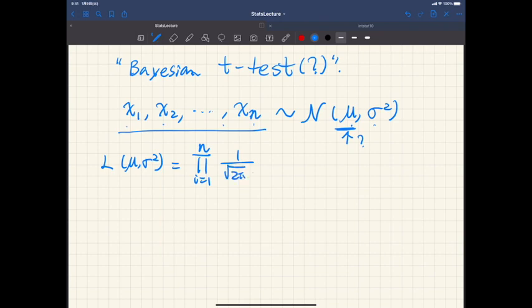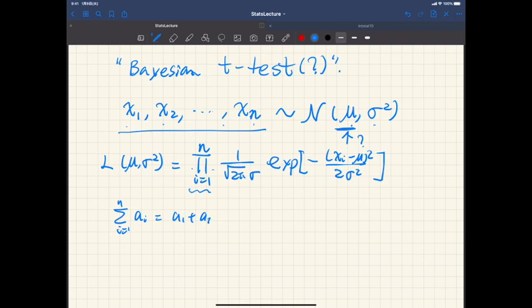So we have the density function for the normal distribution here, with (xi minus mu) squared over sigma squared. This symbol means product. Just like a summation is a1 plus a2 plus and so on, this means a product: a1 times a2 times up to an.